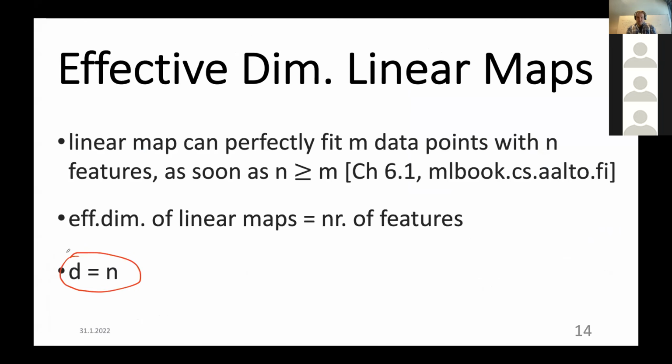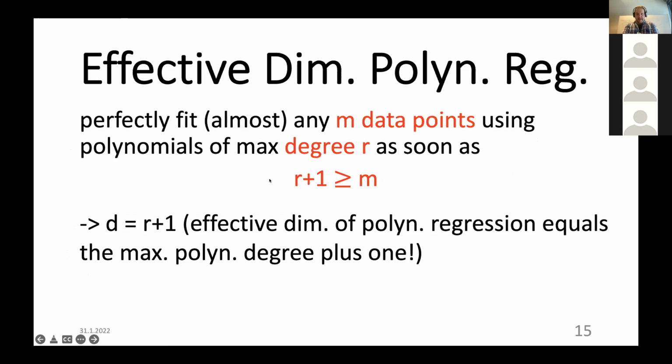And this already shows the more features you use, the larger will be your model, and the higher is the risk that you overfit. So here's already an indicator that you might not want to use an unnecessarily large number of features. Another example is polynomials. For a polynomial of degree R, the effective dimension is essentially given by the polynomial degree. It's R plus 1.